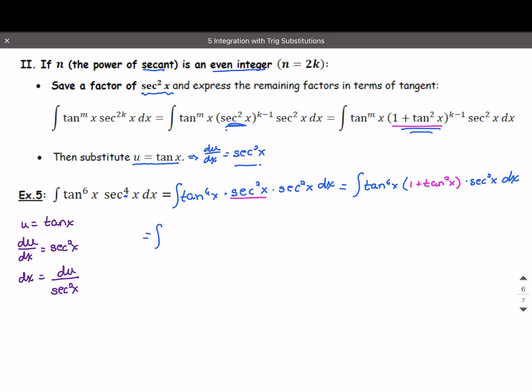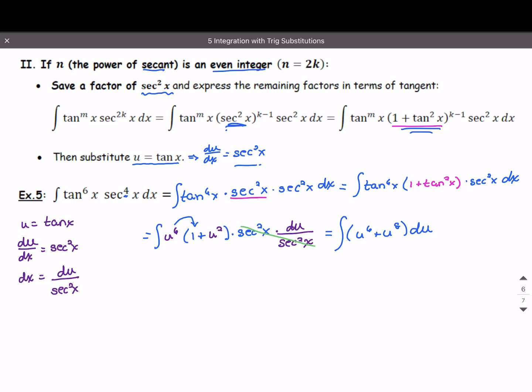We've got the integral tan to the 6th x is u to the 6th times 1 plus tan squared x is u squared times secant squared x, but dx becomes du over secant squared x. Those secant squared x's will divide out. When I bring my integral over, I'm also going to distribute that u to the sixth, so that I have u to the sixth plus u to the eighth du.